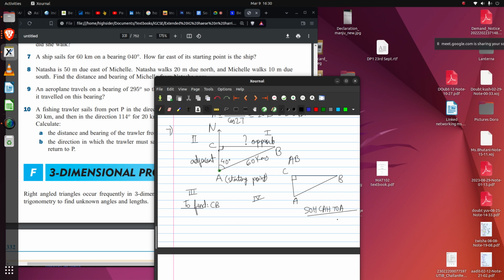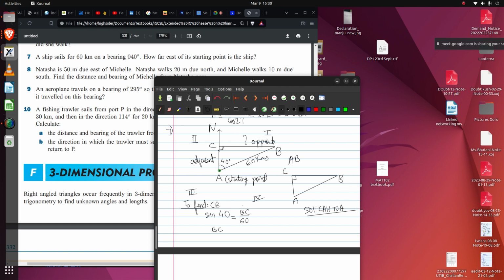So you can use sine. Exactly. You write sine 40. We'll write it as the ratio of BC upon 60. That's sine 40.